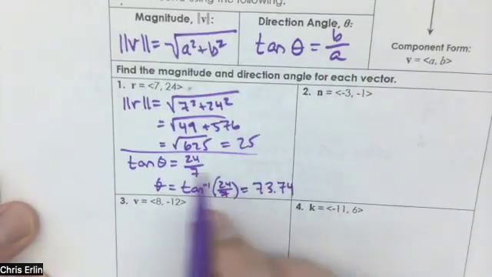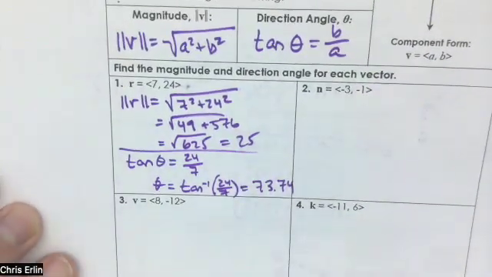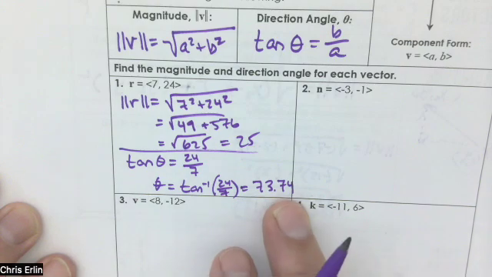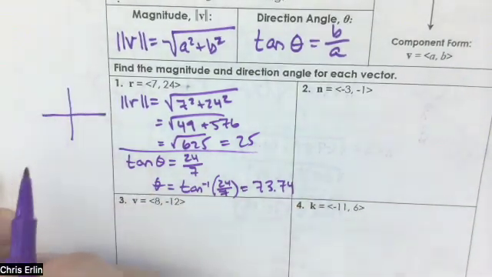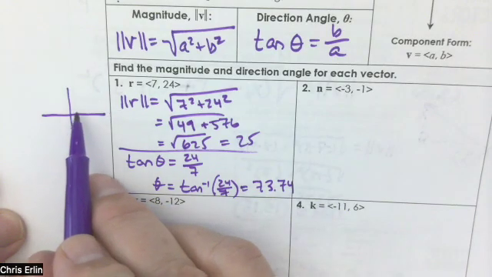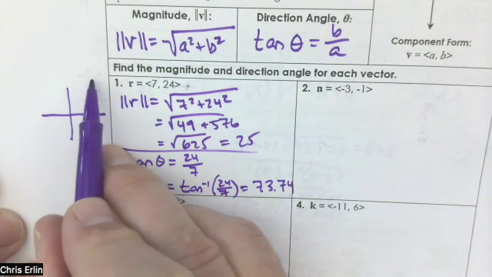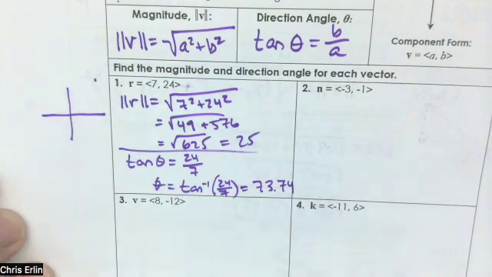Now, remember when we talked about the restrictions on domain and range associated with inverse trig functions? This was going to give us a certain value. Is that value where we want it to be? If I'm looking at 7 on the x and 24 on the y, I expect to be up here in this quadrant.